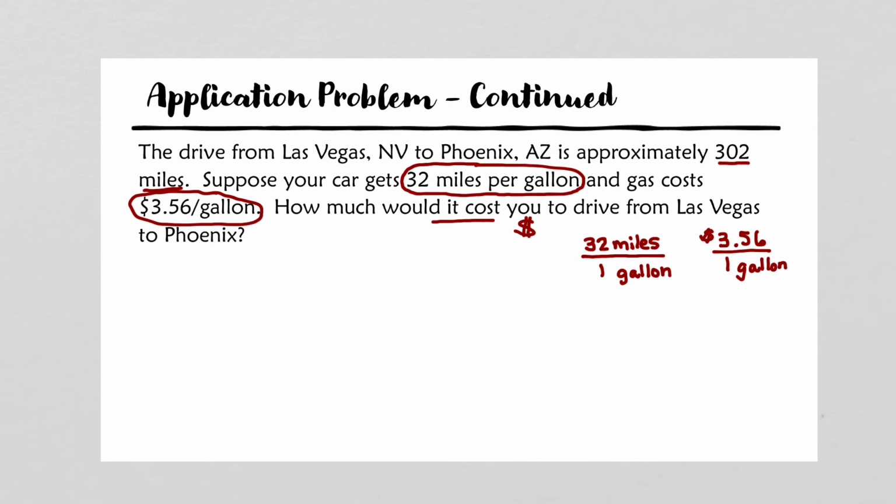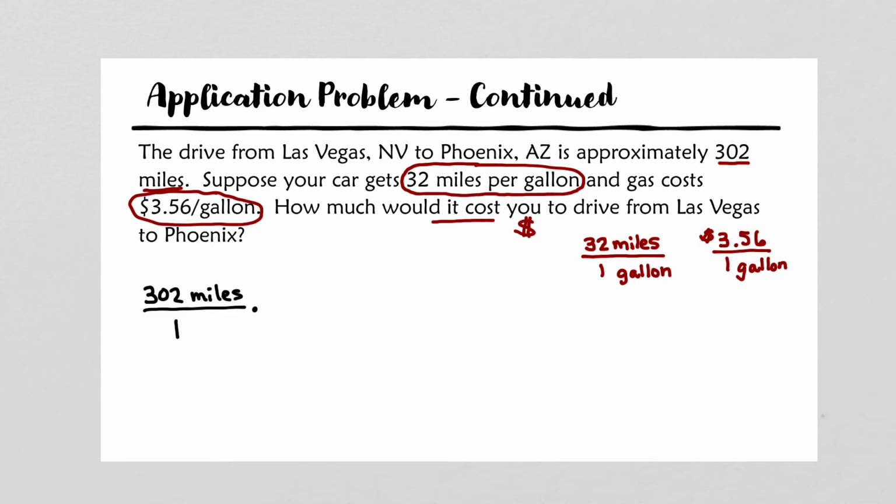So where do we begin? I'm going to start with the 302 miles that I am being told is the distance for our journey. Now I need to convert those miles into a cost, but I'm going to use the unit rates that I wrote down to get there.